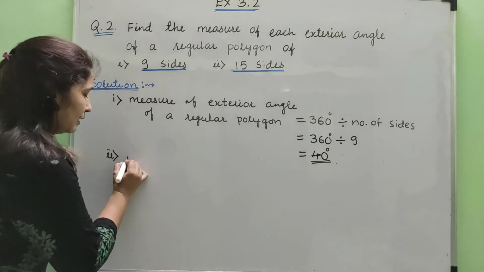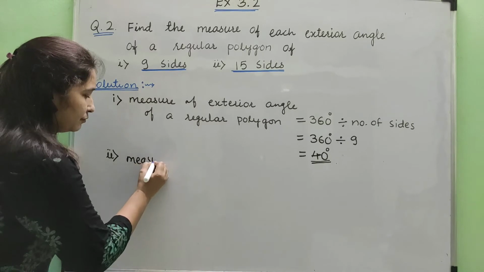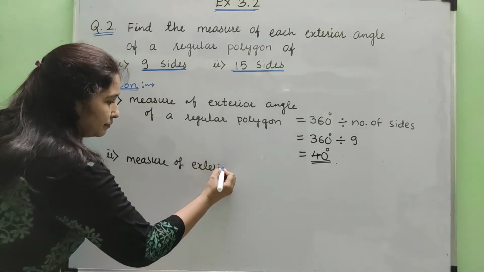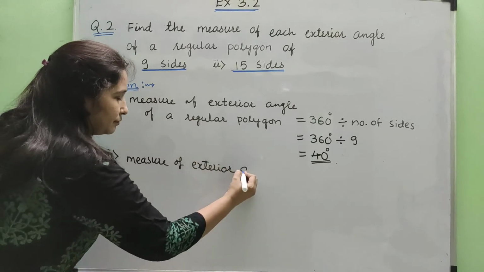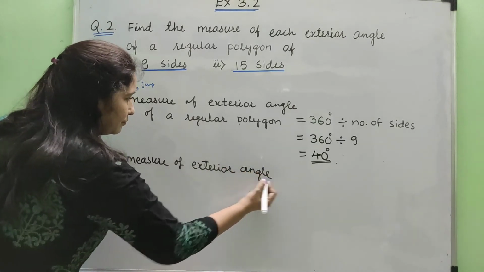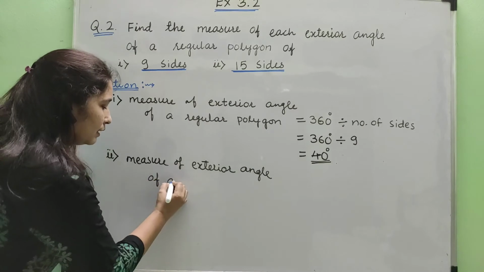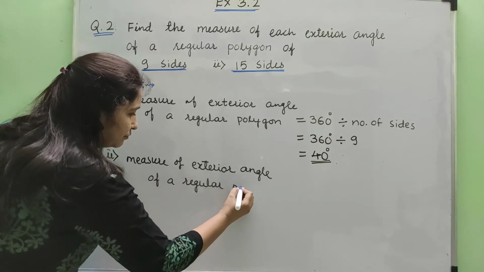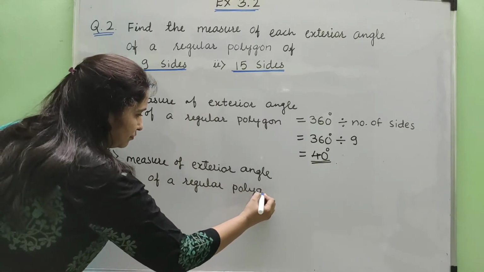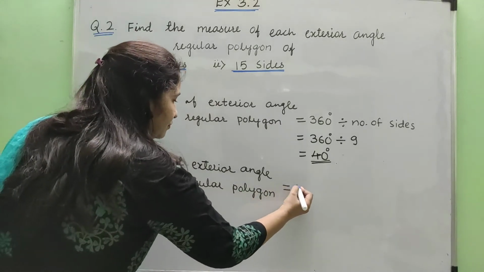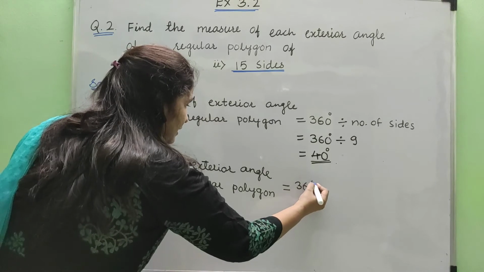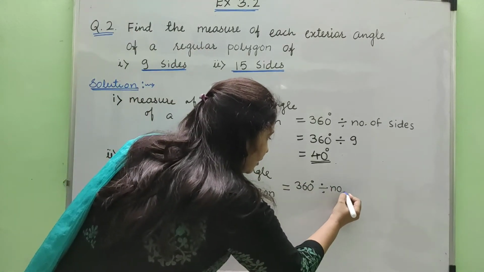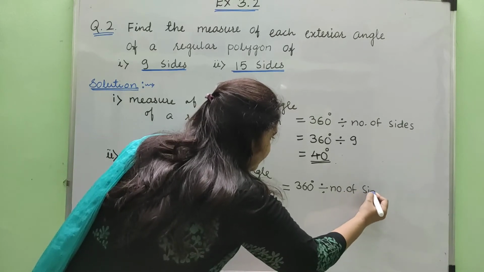Same formula: measure of exterior angle of a regular polygon is equal to 360 degrees divided by number of sides.